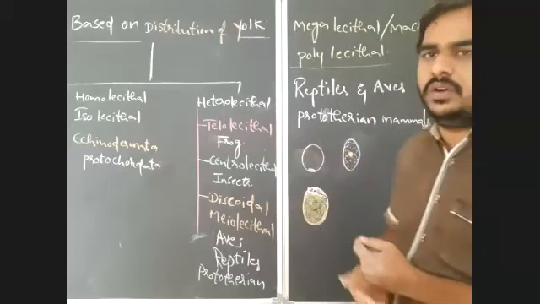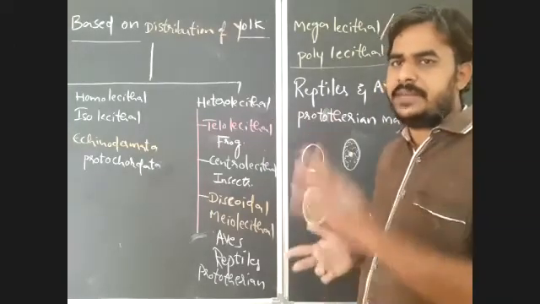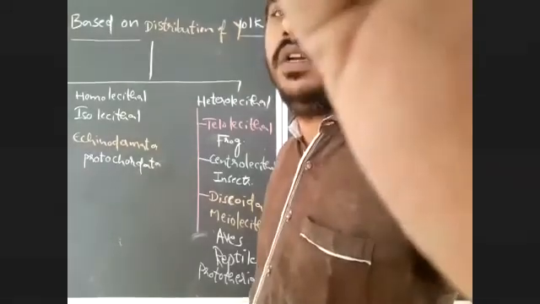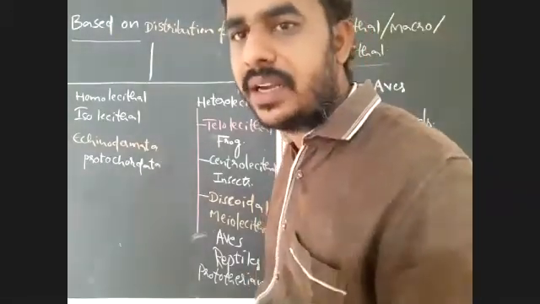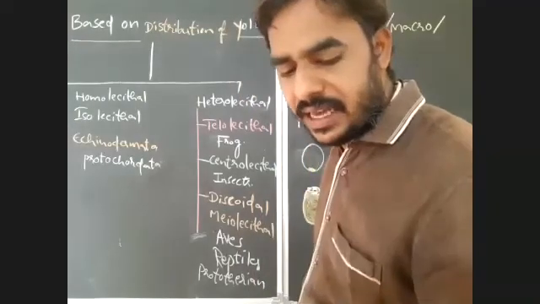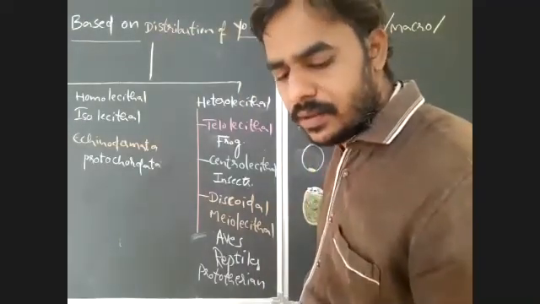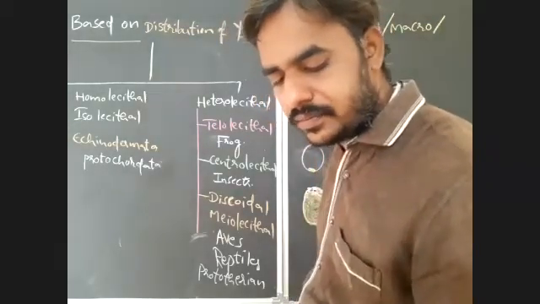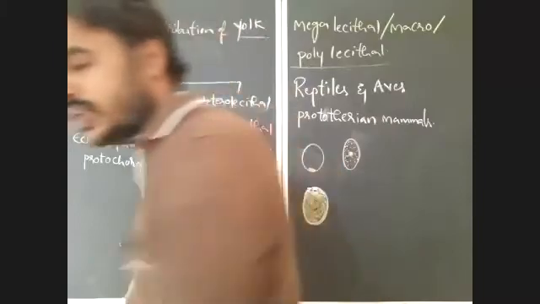You have to remember that. So the second type of classification is also completed. The second type of classification of eggs is based on what? It is mainly based on the distribution of yolk.